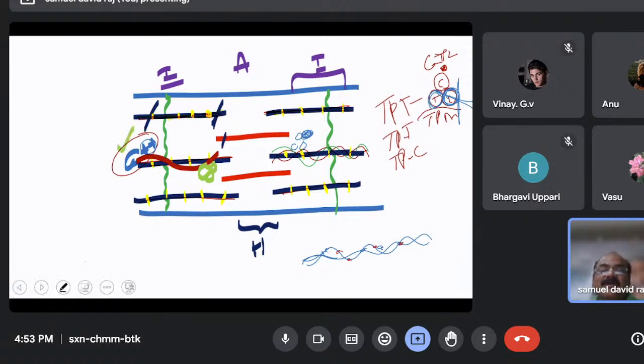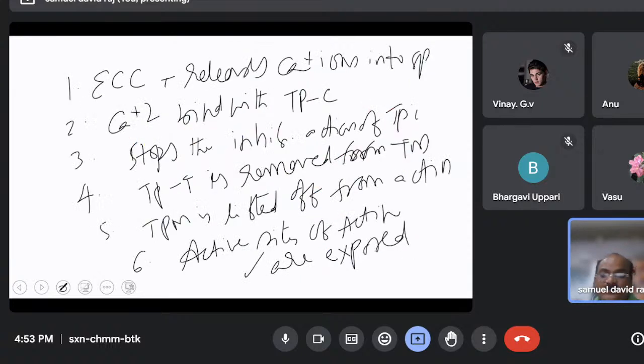When calcium ions bind with troponin C, troponin is removed, tropomyosin is removed, and all the active sites are exposed. Okay, now after the active sites of actin are exposed, let me explain the next process.